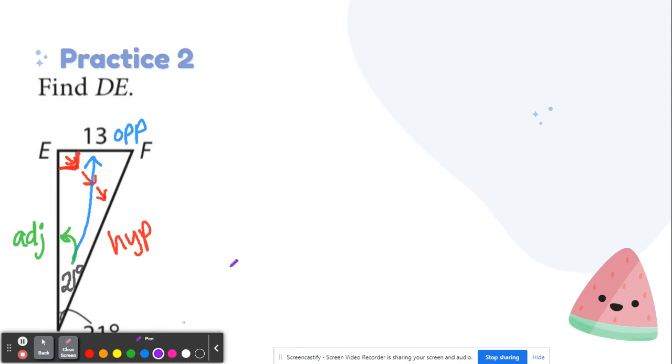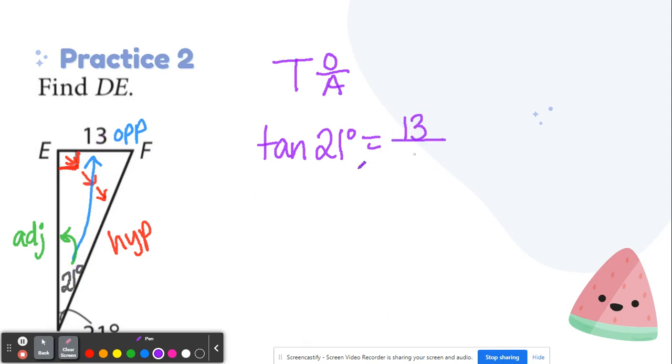I think you've been getting that we are using a lot of tan today. Yes, because our lesson for today was tangent. So we're going to use TOA. So we're going to use tan of 21 degrees equals opposite, which is 13, over adjacent, which is what we're trying to find out. So DE was the adjacent.